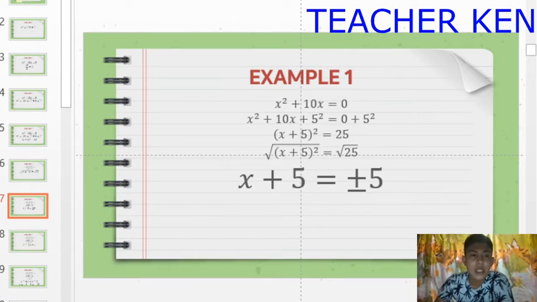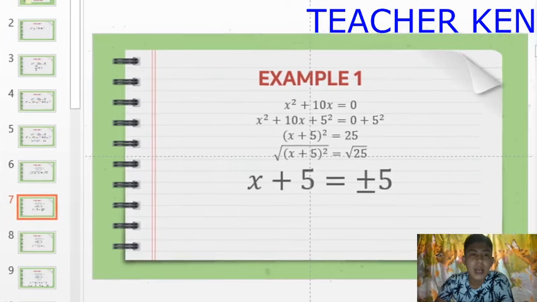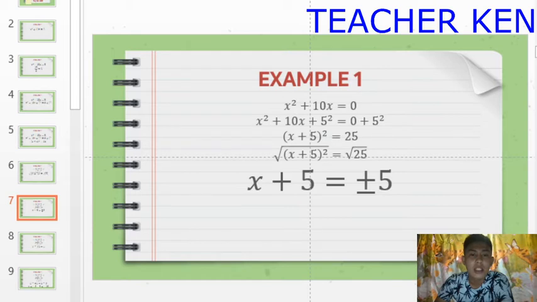Ayan. So ang next natin gagawin is we have to get the values of x para makuha natin yung solution natin. So ang gagawin natin, we have to transpose plus 5 to the right side of our equation para si x na lang yung maiwan sa left side.